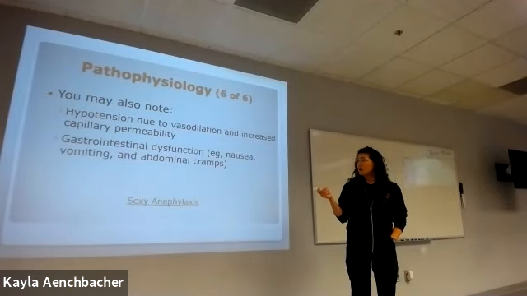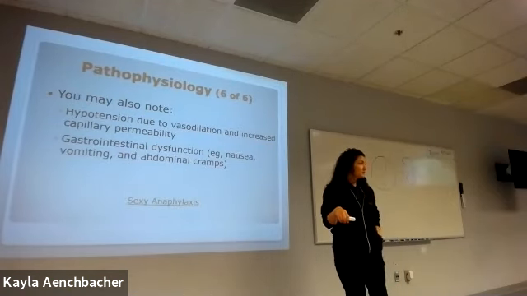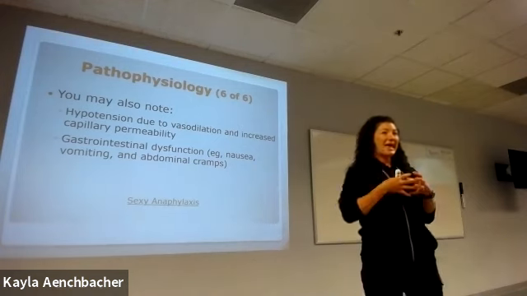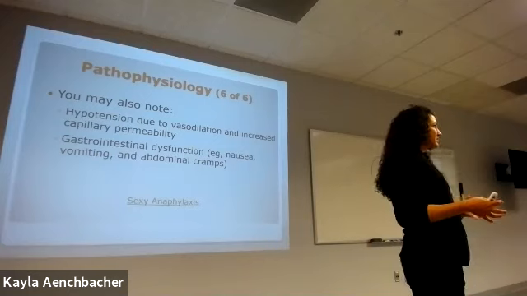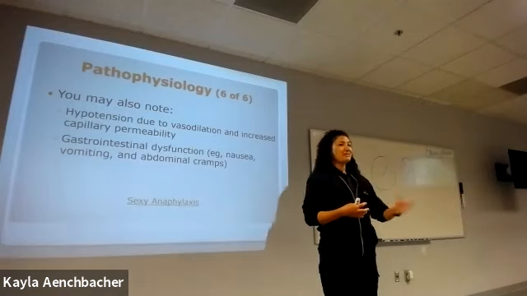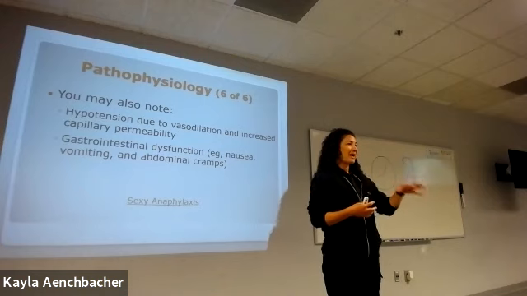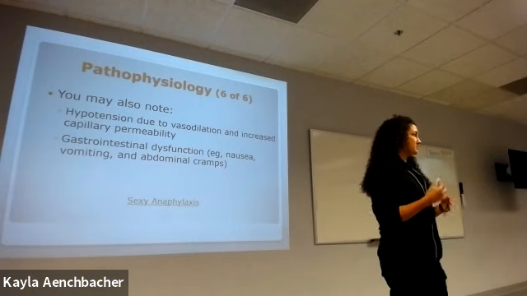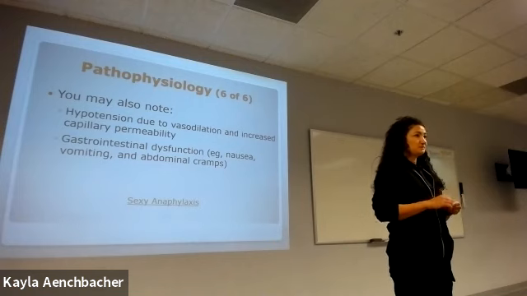You can see some nausea, vomiting, and abdominal cramps with an anaphylactic reaction because there's such a big epinephrine dump when this happens. The body's going into a stress mode, but the hormones outpower the epinephrine. So sometimes you see that nausea and vomiting as well.